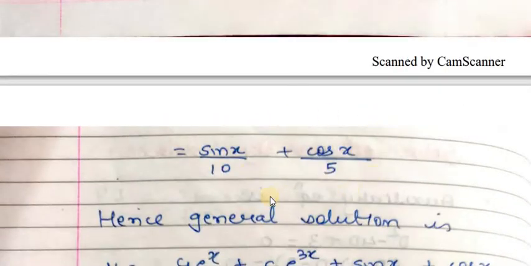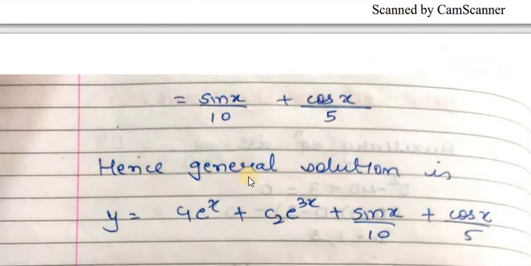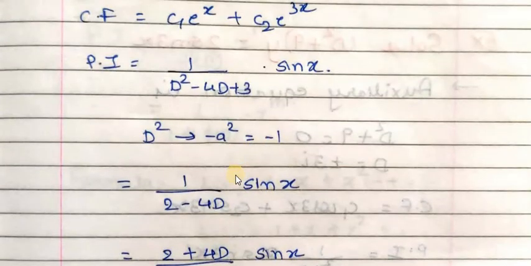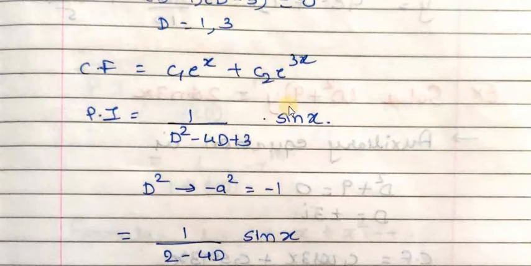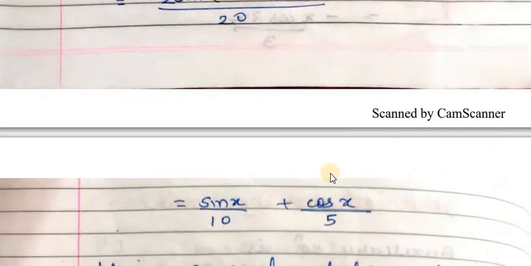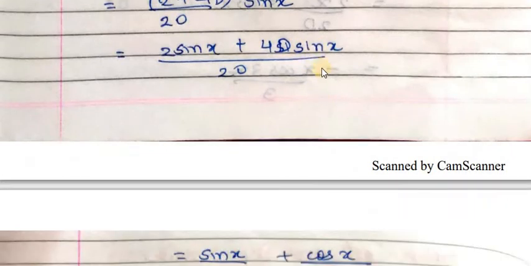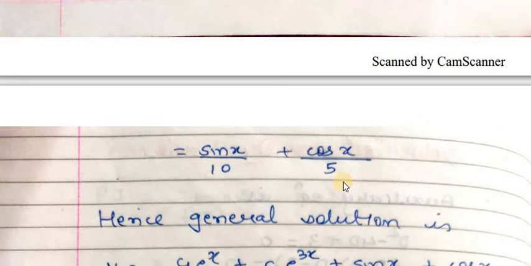So this is the required PI, and the general solution is y equals CF plus PI, where CF is c1 e raised to x plus c2 e raised to 3x, and PI is sin x over 10 plus cos x over 5.